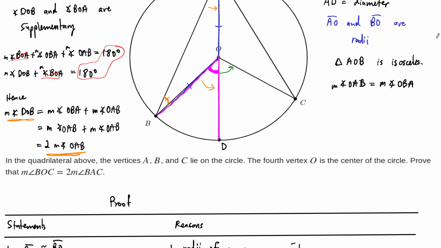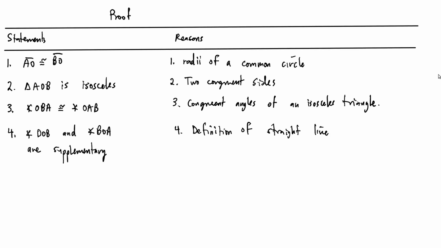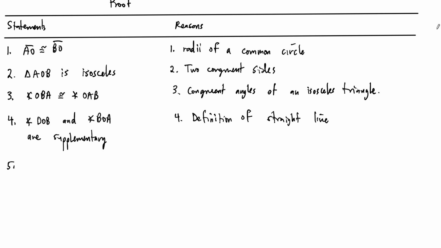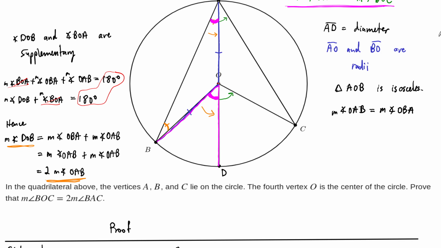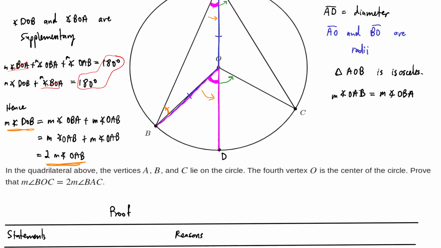And at this point we can just skip ahead to this one. This right here happens to be the exterior angle of the triangle as well, right? So we can say by exterior angle of the triangle that this next statement is true. So we don't have to write everything. When you do the setup, sometimes you write more than you need. So we're just going to skip ahead. And probably I didn't even need to say step 4 here if I'm going to jump ahead and use the exterior angle property. But again, this is angle DOB, and then it's going to be the sum of angles OAB and OBA.